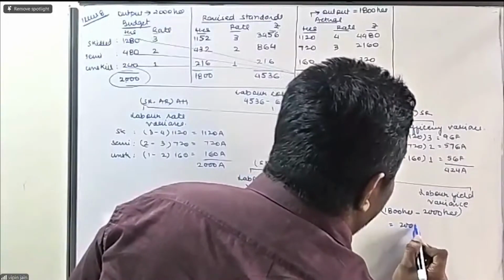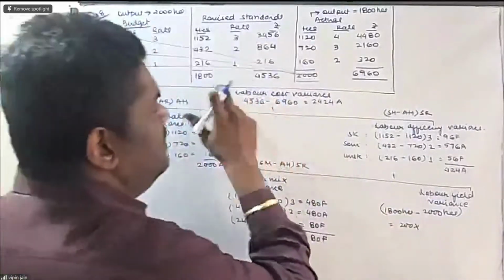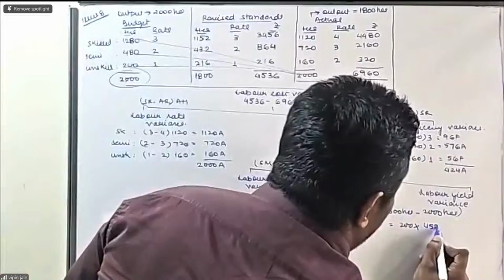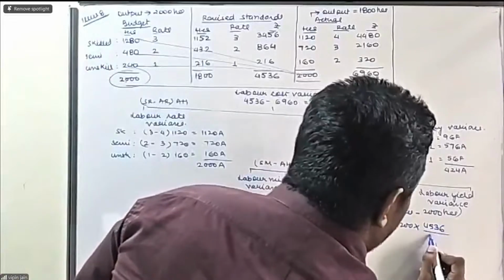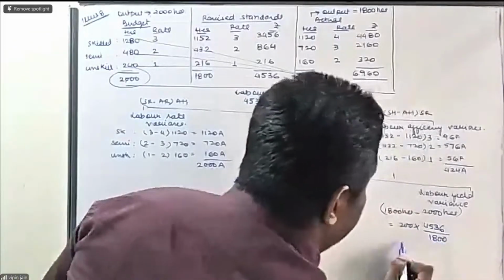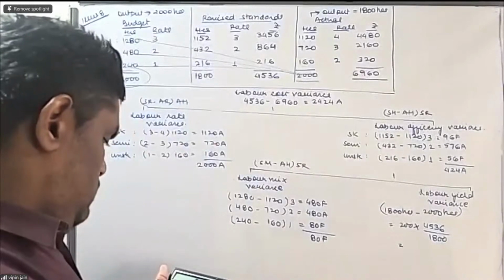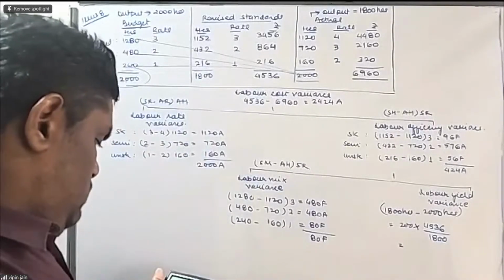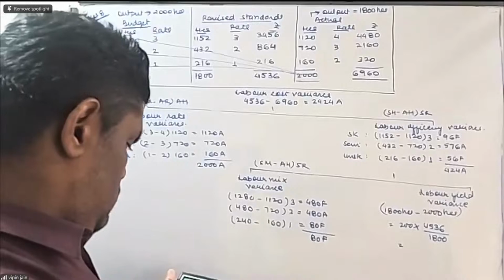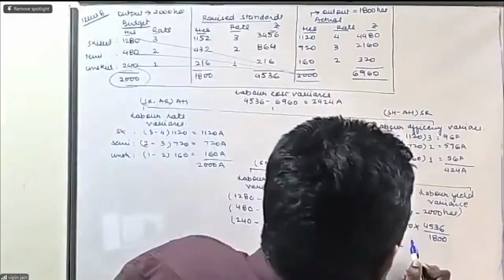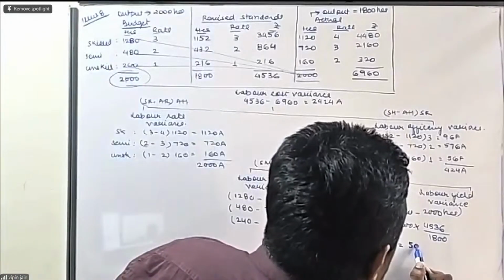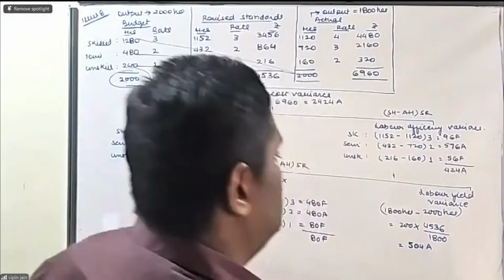So 200 hours extra is my inefficiency. So 4536 divided by 1800. So this will be 504 adverse.